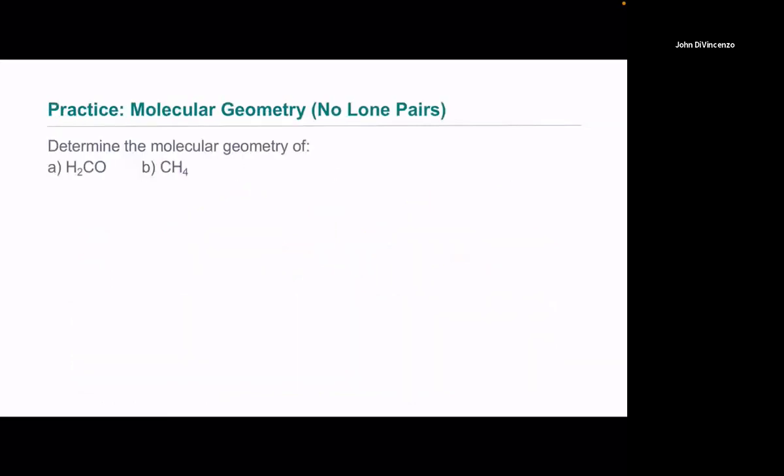Let's practice then. We've already seen methane already. So the Lewis structure then, of course, of methane is, and that, of course, is tetrahedral.